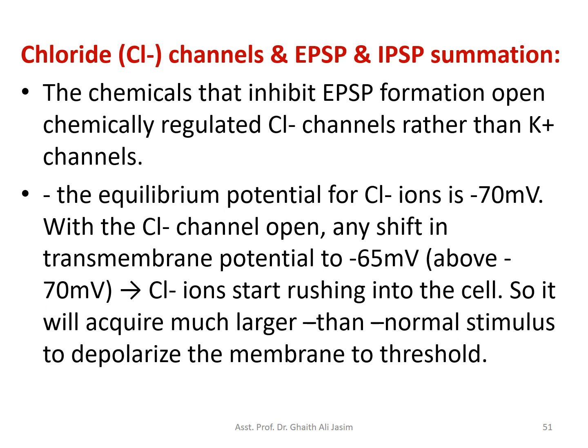With the chloride channels open, any shift in the transmembrane potential to, for example, minus 65, which is above minus 70, chloride ions start rushing into the cell. So it will require a much larger than normal stimulus to depolarize the membrane to threshold when chloride channels are open.